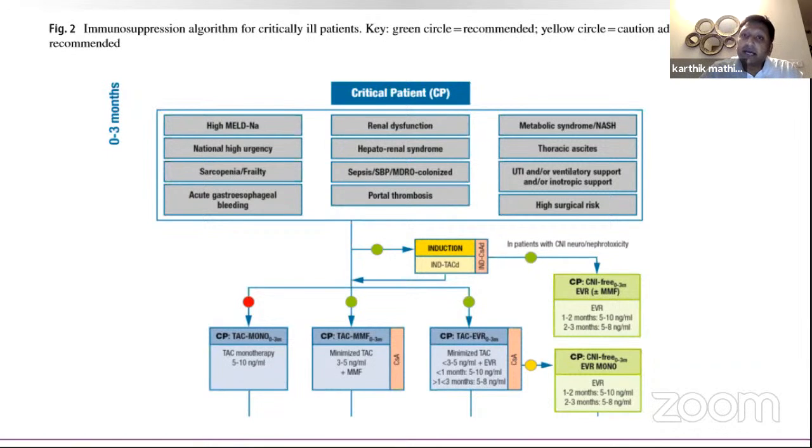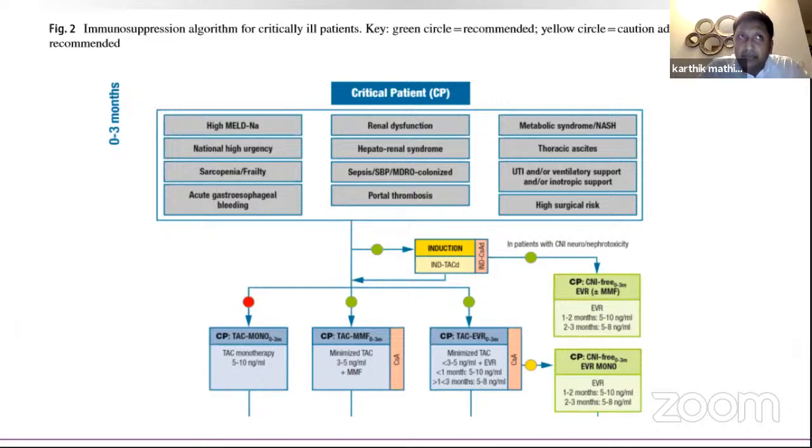The rejection usually starts at 5 to 7 days, because it takes at least 5 days for the preformed antibodies to recognize and then start attacking. In the first 4-5 days we mostly never see rejection, because we very rarely see antibody-mediated rejection, your C4D cluster. In the liver, acute cellular rejection is the majority, and it never happens before 5 days. So you still have time to build up your TAC level.